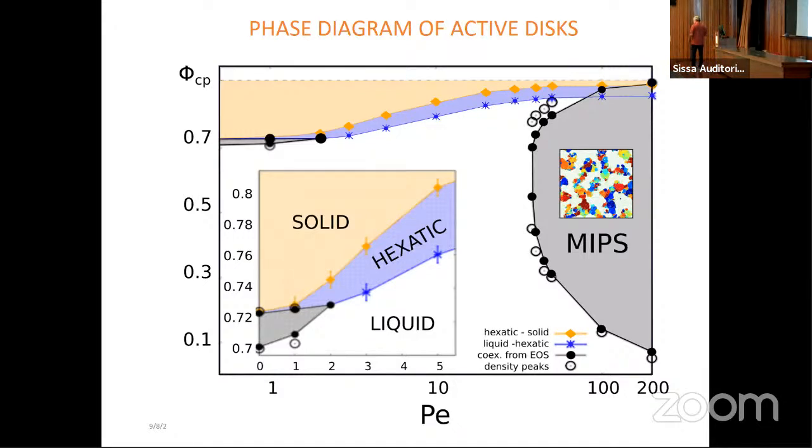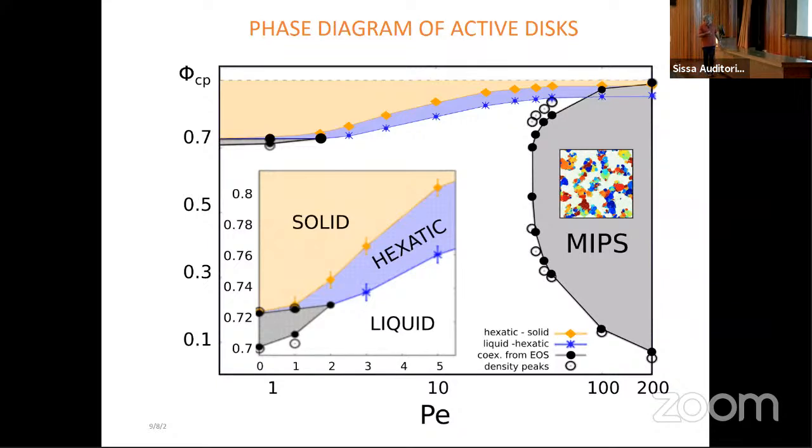Let me tell you, just to have some idea about this number, that the Peclet number evaluated for bacteria is of the order of a few hundreds, could be 300, 400, depending on the case. And for self-propelled colloids maybe a bit less, but of the order of hundreds.